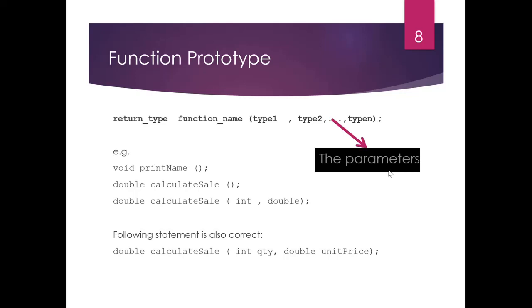We call that a function prototype. In the previous example, for the print name function, we have to write the return type and function name, and if we are using any parameters, you only have to mention the data type.